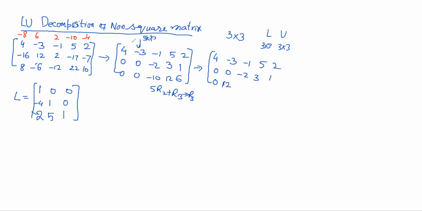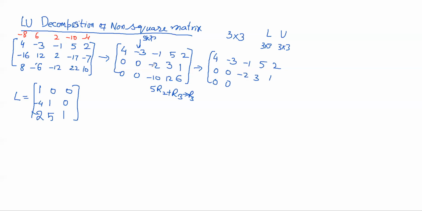Actually, we skipped it not because the 0 was here, but because both of these values were 0. That's why we skipped it, and then we found 5 over here, and now we have minus 2, 12, and then 6, and then 0.